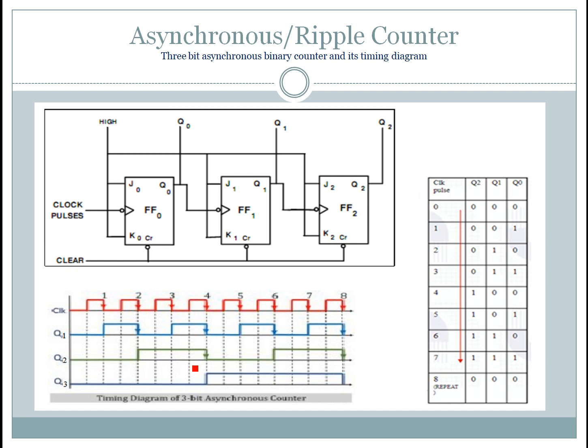So here it is a 3-bit binary counter. 3-bit means it requires 3 flip-flops. If it is a 4-bit counter, it requires 4 flip-flops. So that means for a 3-bit counter the maximum count is 111, that is 7, because 111 is the maximum 3-bit number that you can see in the truth table here.